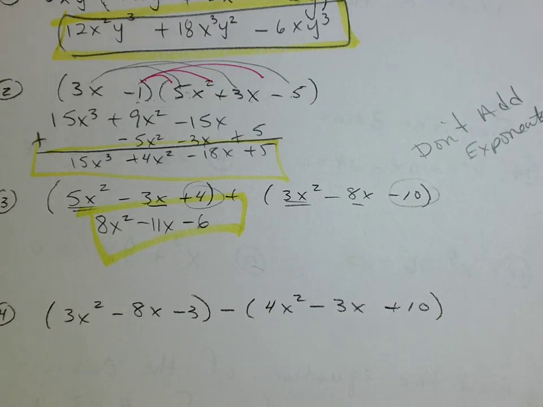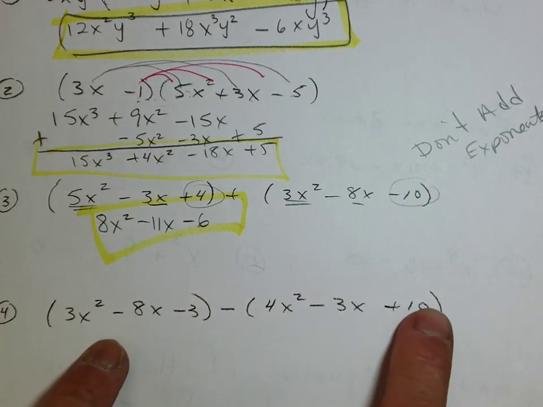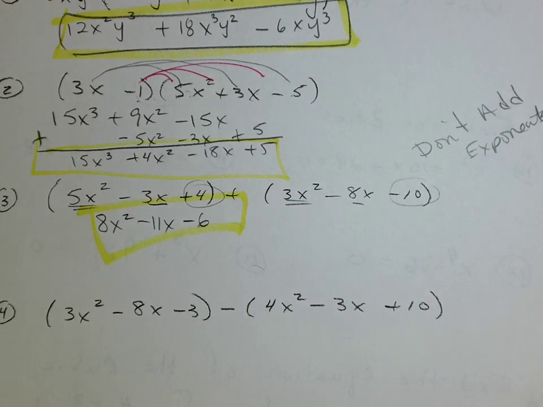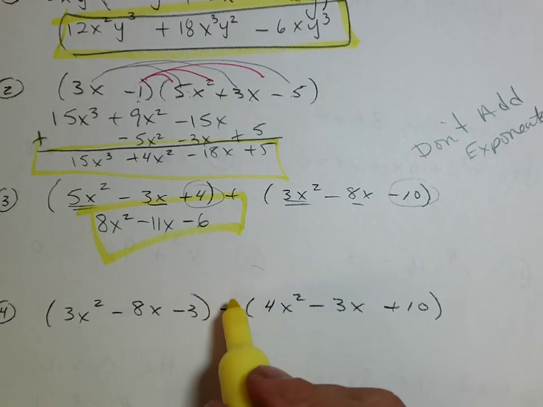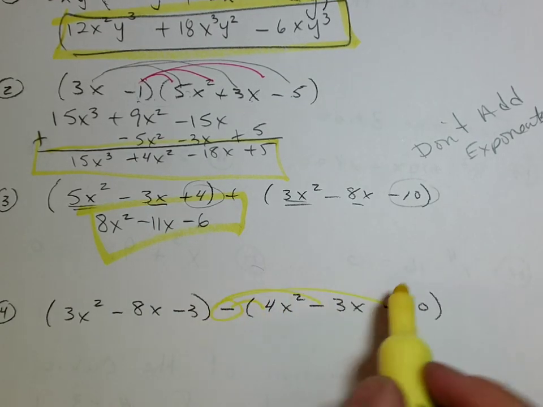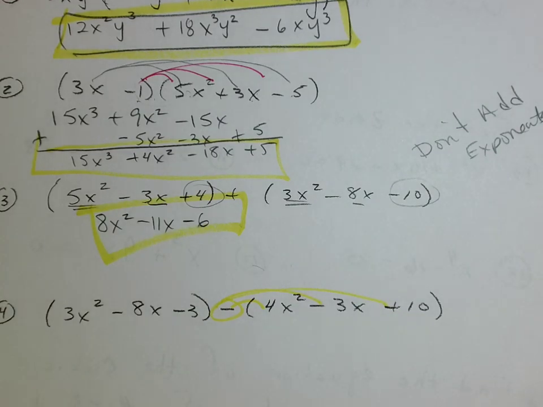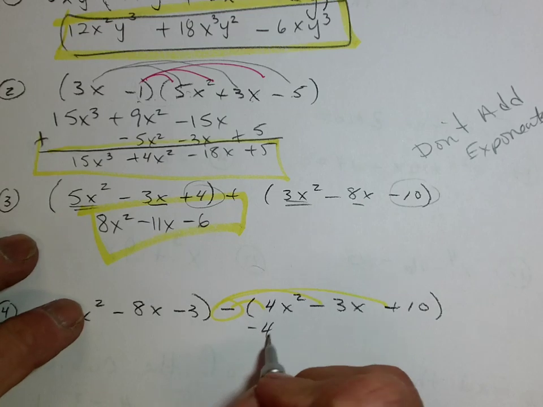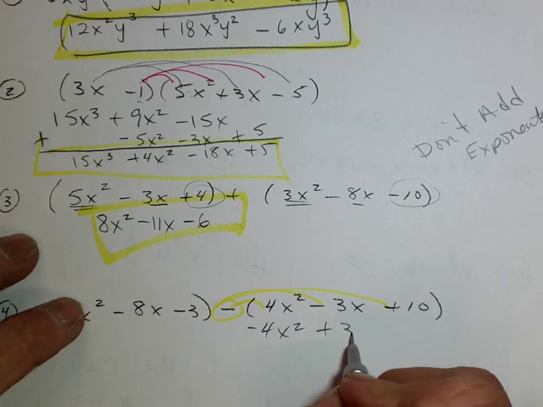Number 4. Again, if I get going too fast, tell me, okay? We could subtract, but I'm going to just play it safe. I'm going to bring my negative through. What do we do with the exponents? We don't add them because when we're combining terms, we don't add exponents, okay? So I'm going to first rewrite this as a -4x squared positive 3x minus 10.